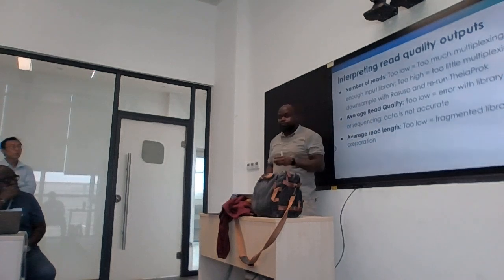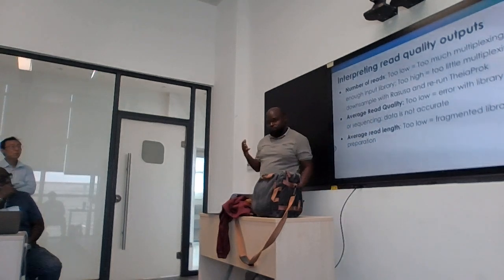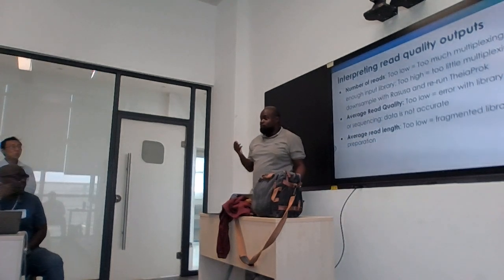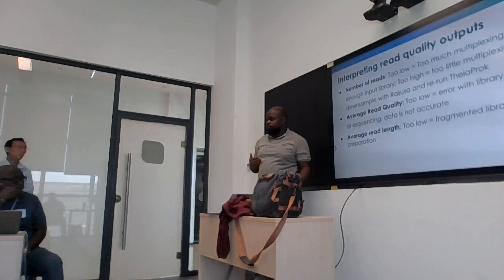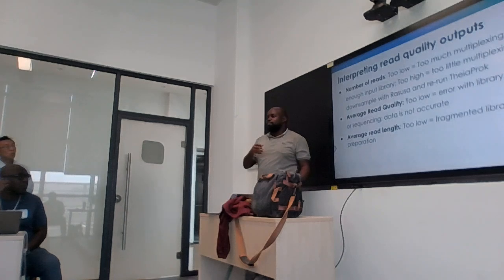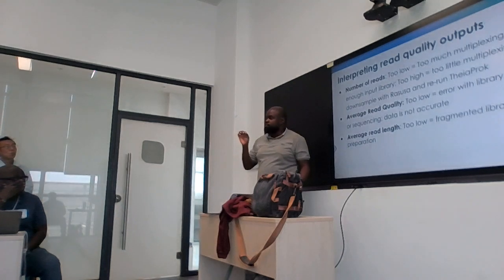But then again, it depends on the objective of what you want to do. If you want to call variants, and that is very, very important, then you always want as high coverage as possible, right? But then you can also be sequencing still too much. You just need to estimate, okay, do I need a coverage, for example, of 200?